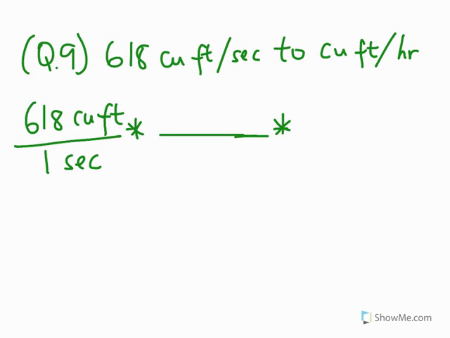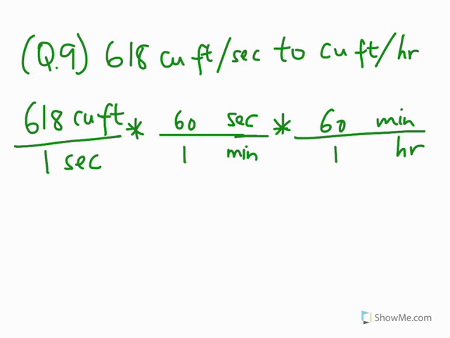But we don't want to go directly. We want to go from second to minute and from minute to hour. So this will be second, this will be minute, times minute, and hour. So 60 seconds, 1 minute, 60 minutes, 1 hour.